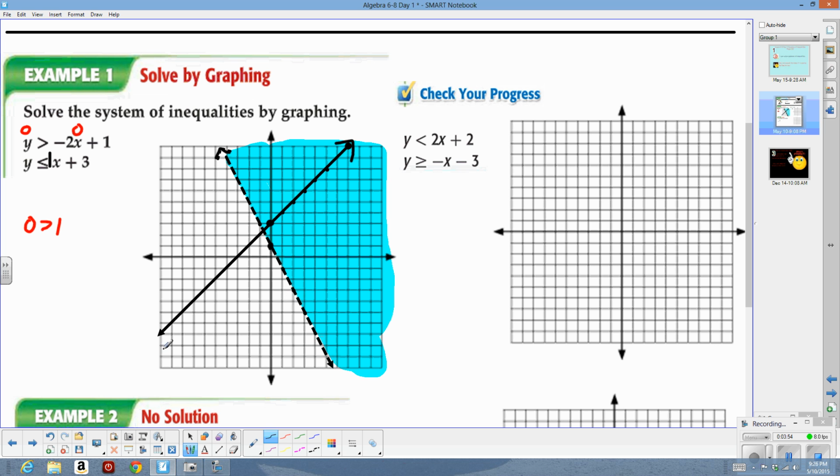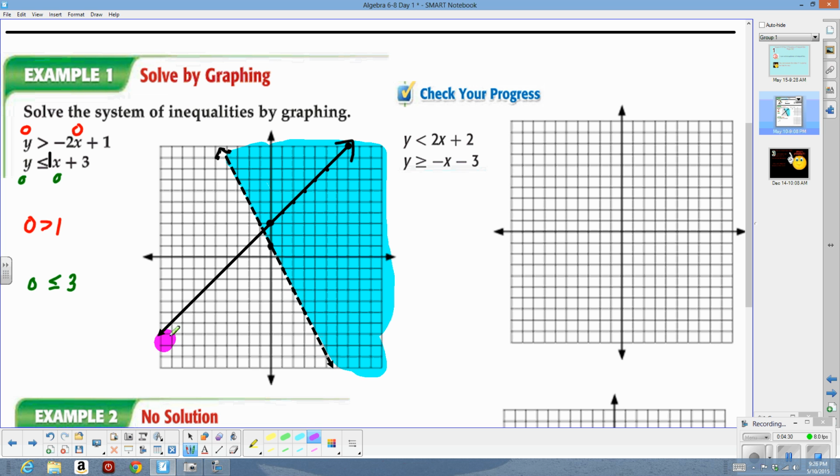Now we have to figure out which side to shade this time. So let's go ahead and test 0, 0 again. If I plug in a 0 for x and a 0 for y, 1 times 0 is 0, and 0 plus 3 is 3. 0 is less than or equal to 3, so 0, 0 is part of the solution. So I'm going to want to shade the half of the graph that has 0, 0 this time.